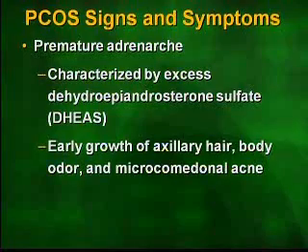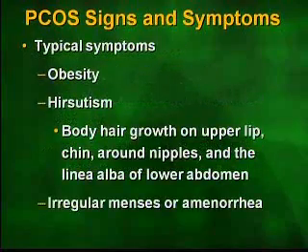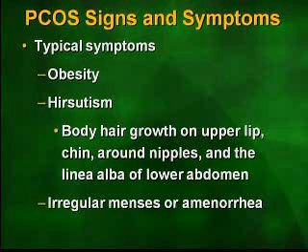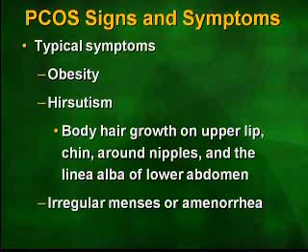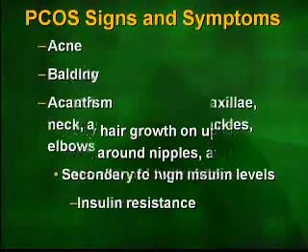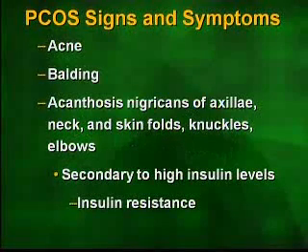Other typical symptoms can be obesity. They have the hirsutism, which is the body hair growth on the upper lip, the chin, around the nipples, and the linea alba of the lower abdomen. They may have irregular periods. They may also experience balding on the crown of the head or male pattern baldness.